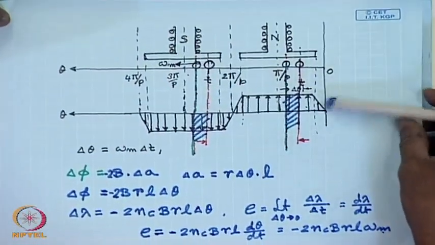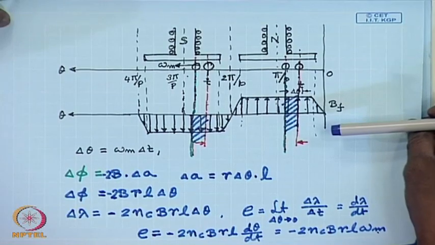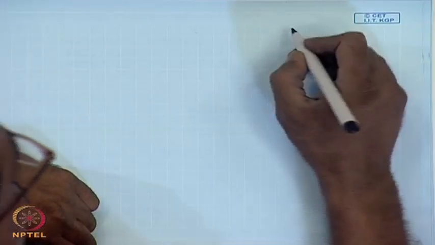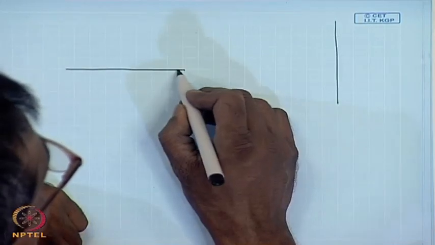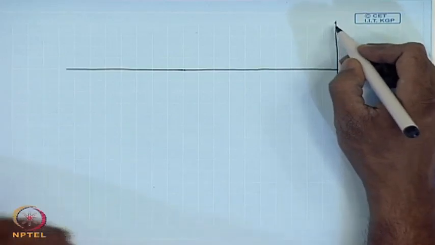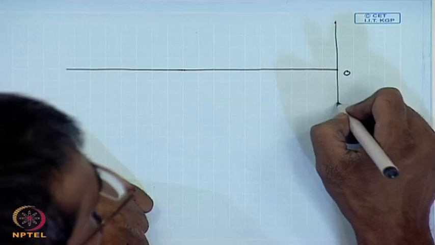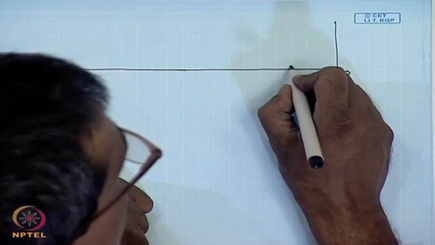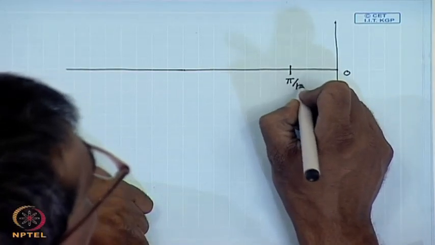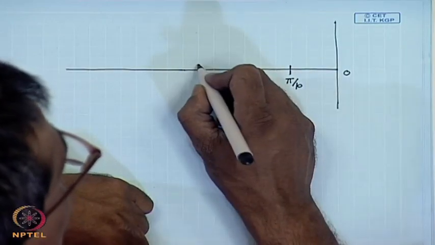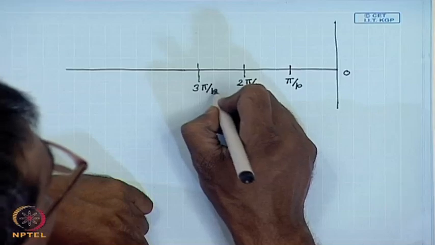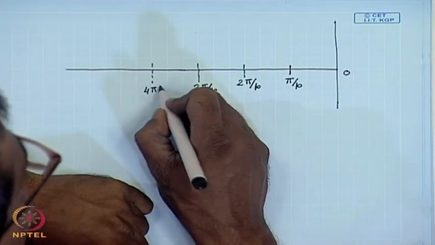So, we can draw the waveform of the induced voltage in that particular coil as it moves along the armature surface. This is 0, this is pi by p, this is 2 pi by p, this is 3 pi by p, this is 4 pi by p.